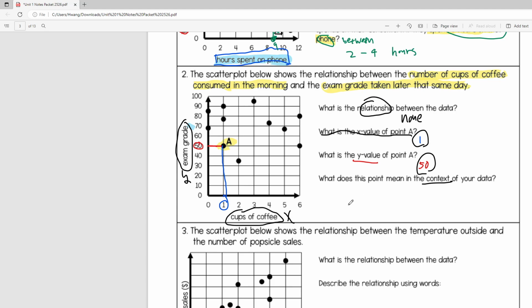So I can write that 1 cup of coffee, because that is the independent variable, gave you 50 exam grade. So in context by vocabulary and grammar, I can say 1 cup of coffee maybe resulted, that's a good word, resulted in 50 exam grade.